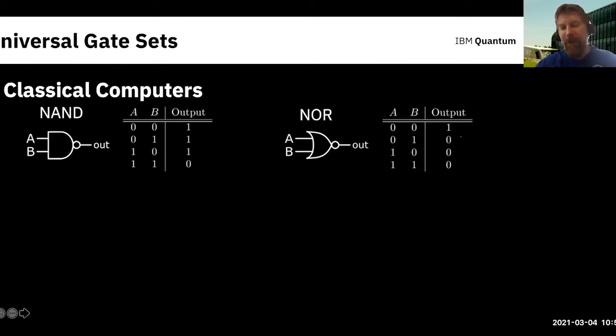So you can build a classical computer with this and without any ancilla. By universal, I mean any Boolean logic can be represented by one of these gates.